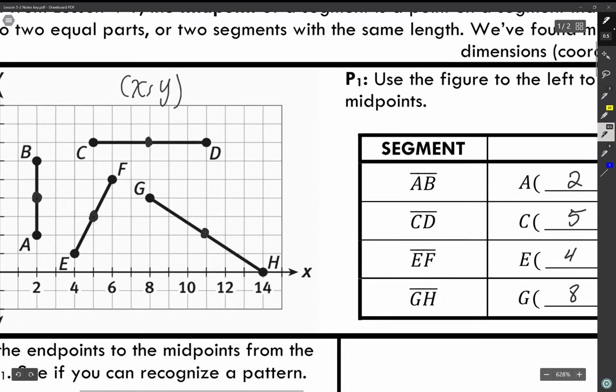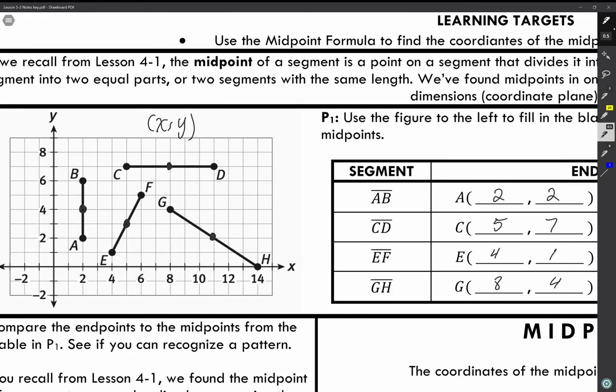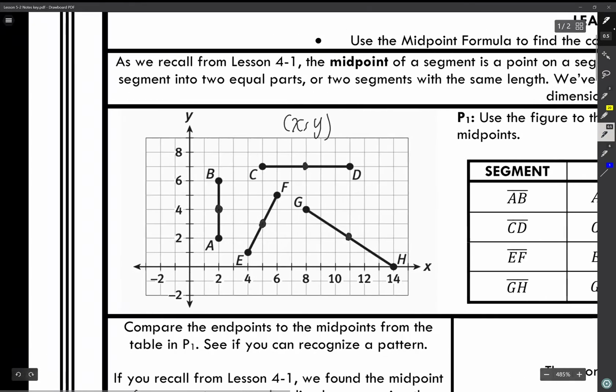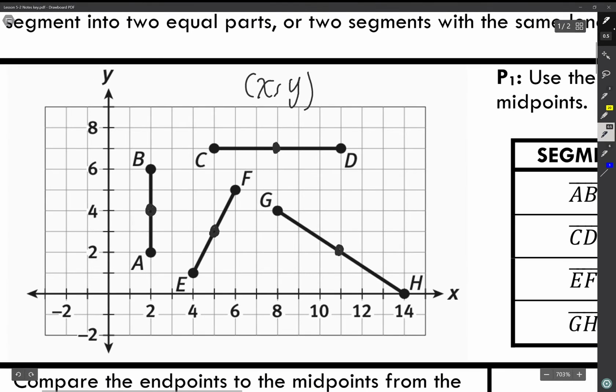So for this P1, I have all the endpoints and everything written down, as well as the midpoints. But this is just to show you how to find midpoints using a graph. So for number one, let's look at AB first.